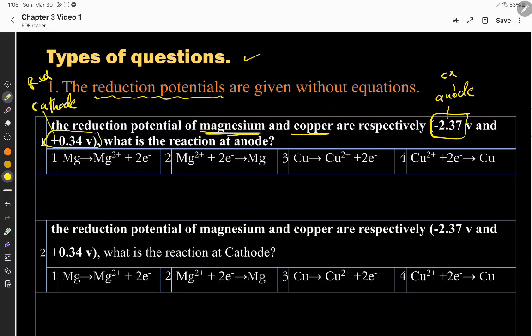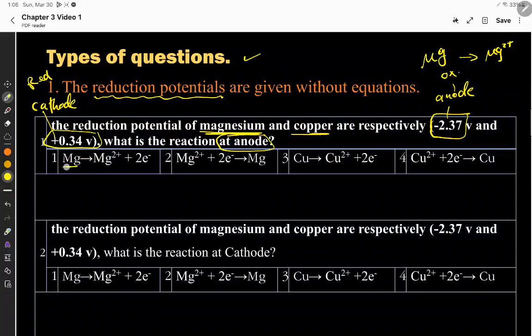Now we are going to see what is in the question. The question asks us about what is the reaction at the anode. The reaction at the anode will involve magnesium. And what will happen to magnesium? It will be oxidized into Mg2+. So which reaction here involves oxidation of magnesium?